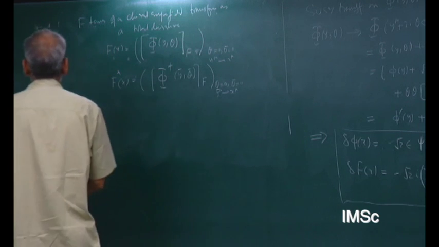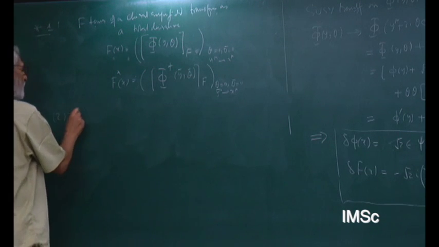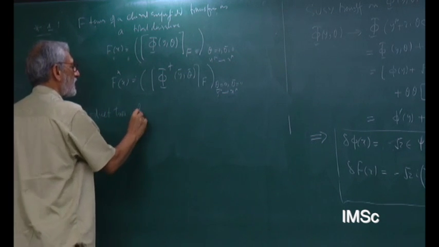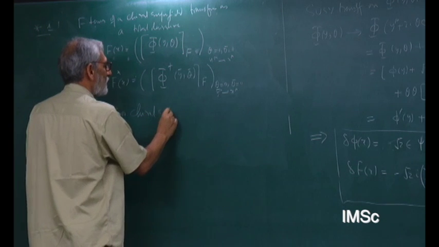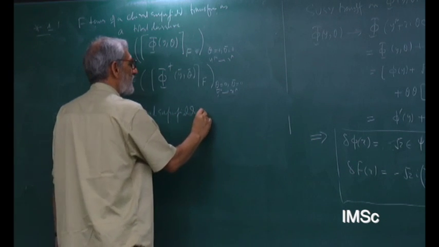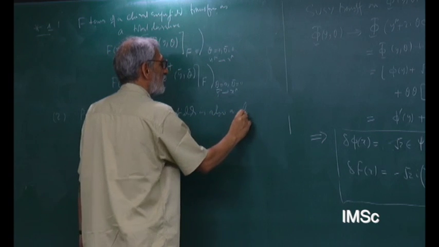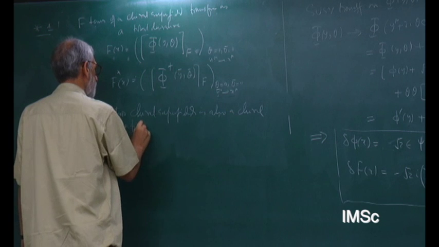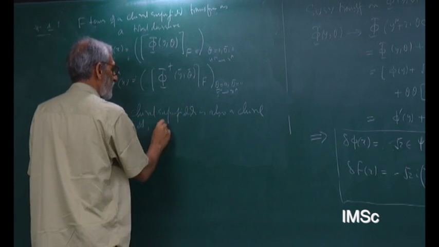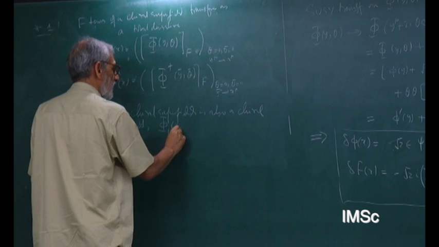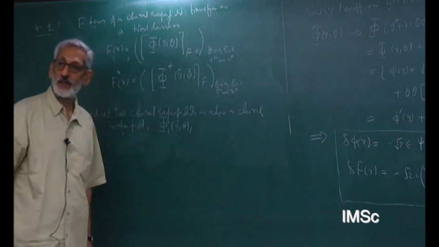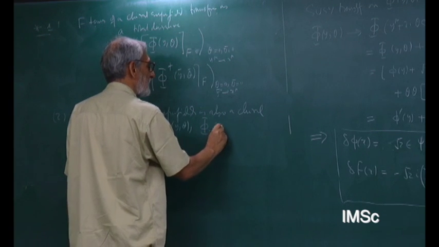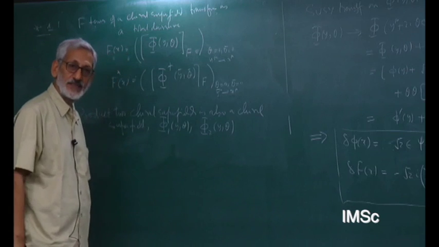Second nice property is that the product of 2 chiral superfields is also a chiral superfield. So if I take phi 1 chiral superfield, so it depends on only Y and theta, and take another one, phi 2, which also depends on Y and theta.